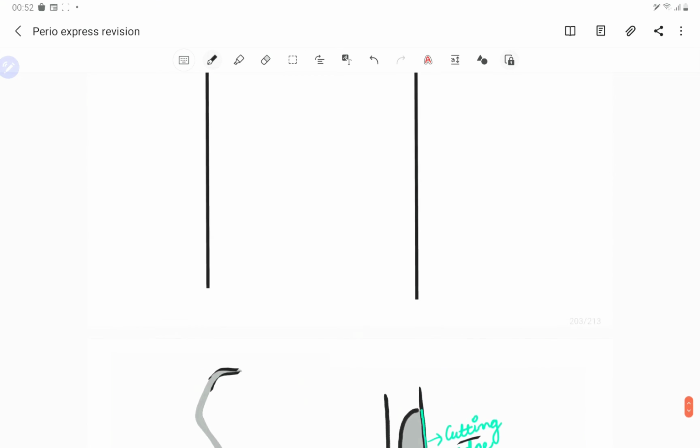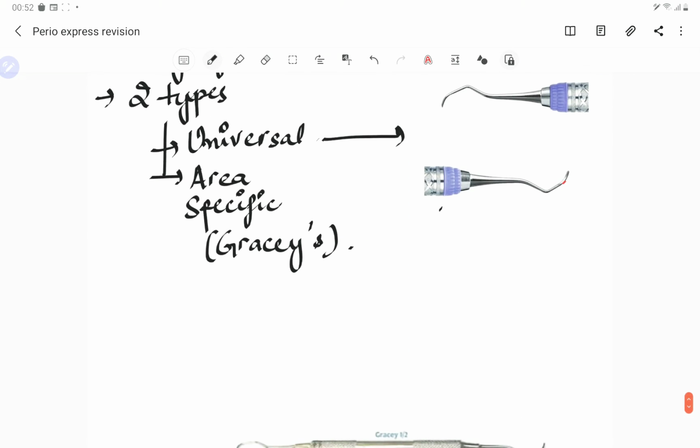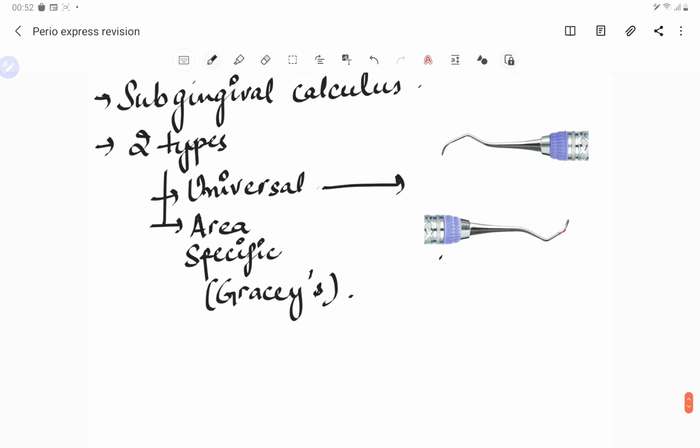Now we have two kinds of curette: the universal curette and the area specific curette. First we'll talk about the universal curette, the one shown in the diagram over here. As the name suggests, it is universally acceptable. That means this curette is designed for all the tooth surfaces.